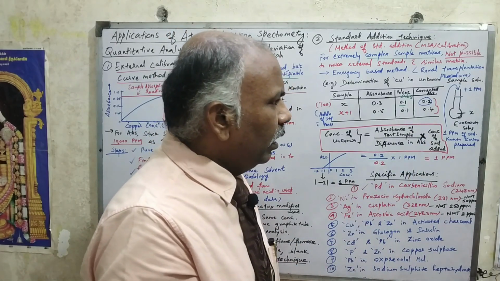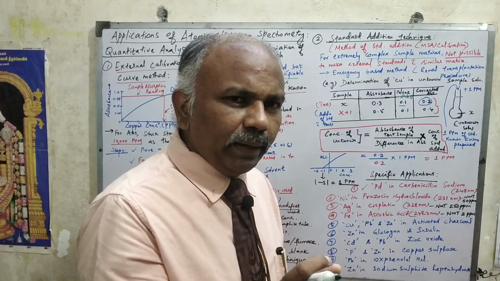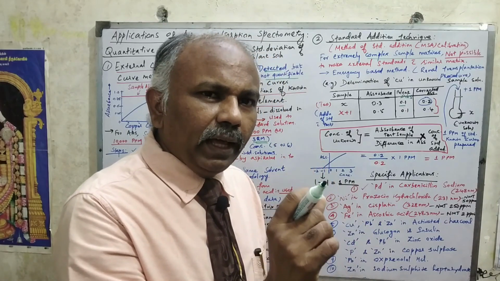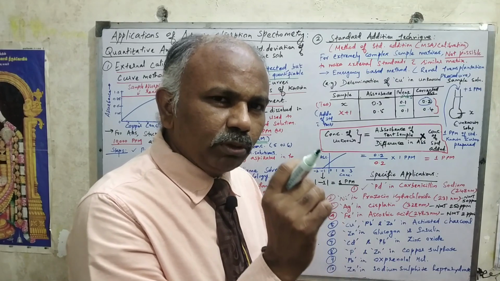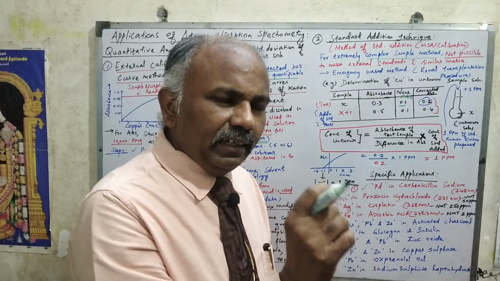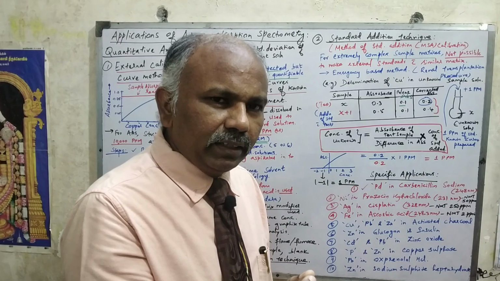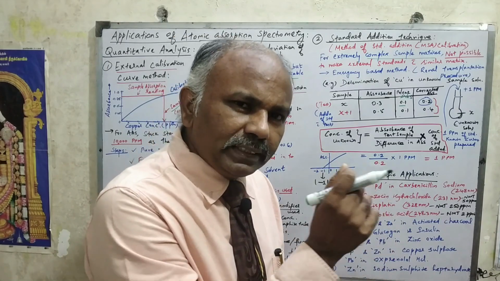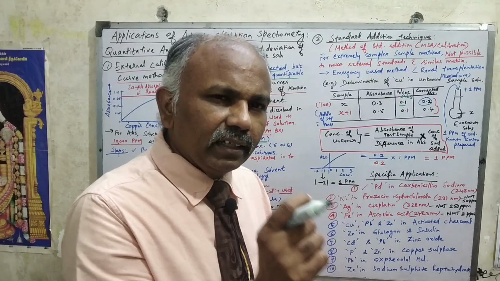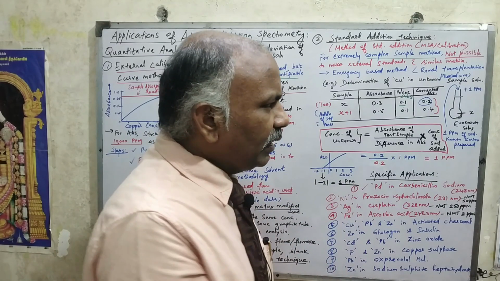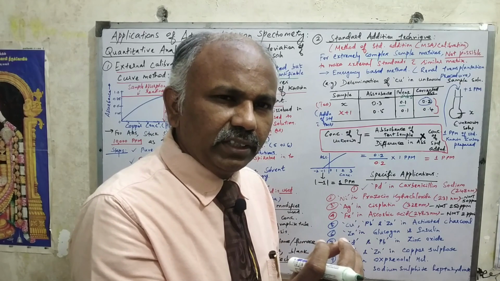Okay. Now with the same container, because copper only you are going to evaluate, you have to choose a standard. The standard is the same as your element. Suppose you are analyzing copper in the unknown sample solution, then you have to make a pure standard solution of copper sulfate at a lesser concentration, right?